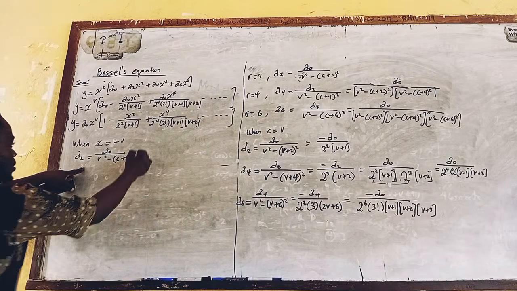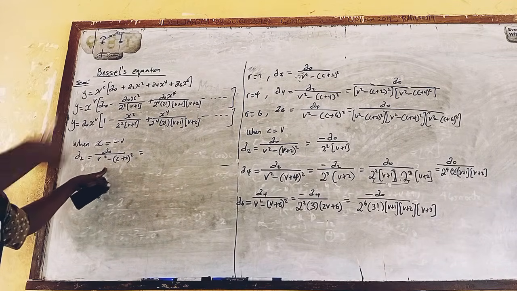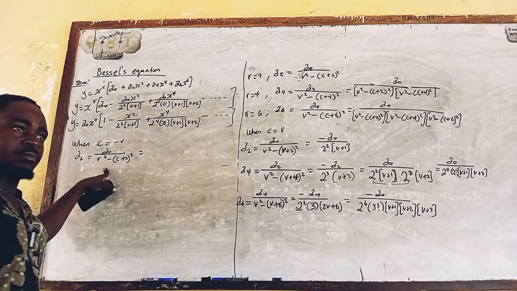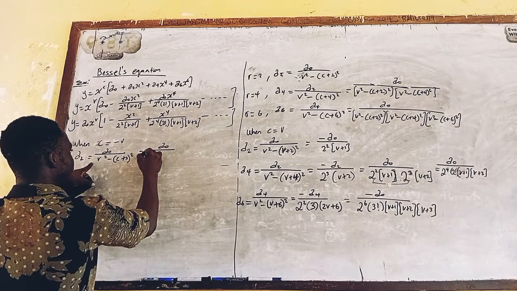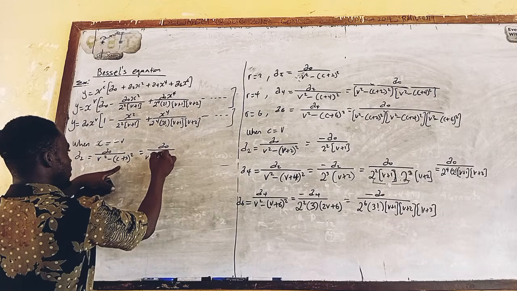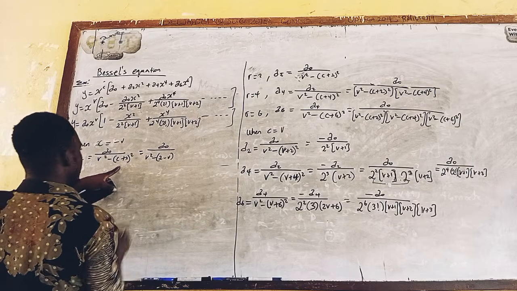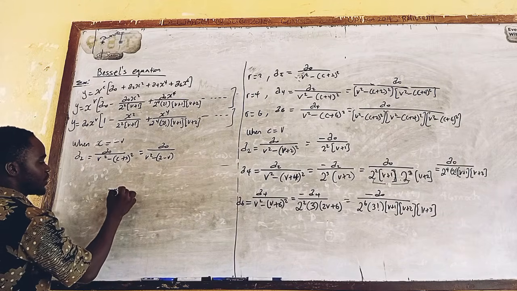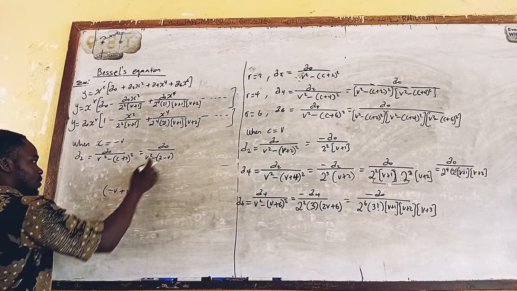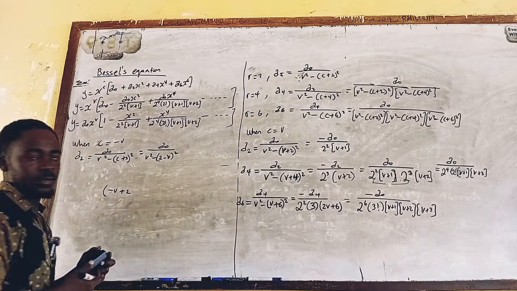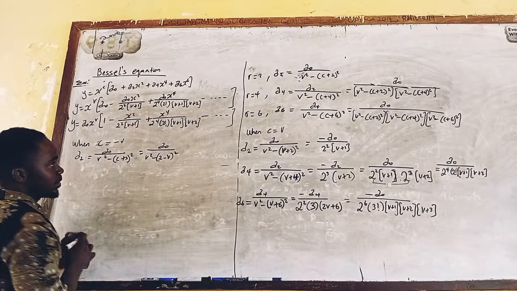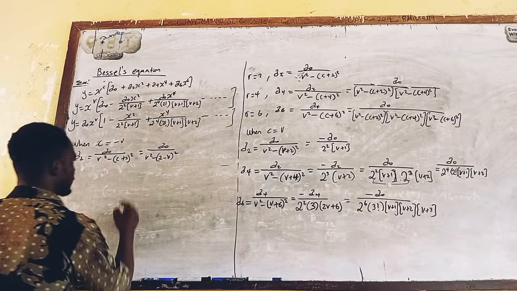So we write it out. Now, when c equals minus v, we are going to have a naught over v square minus 2 minus v. You know, it's going to be minus v plus 2. So carry these 2 to the front, then take the v to the back. So we have this. Now let's solve this one the same way we did for that one.